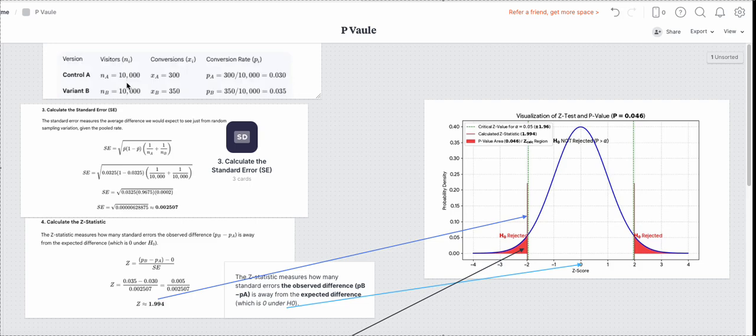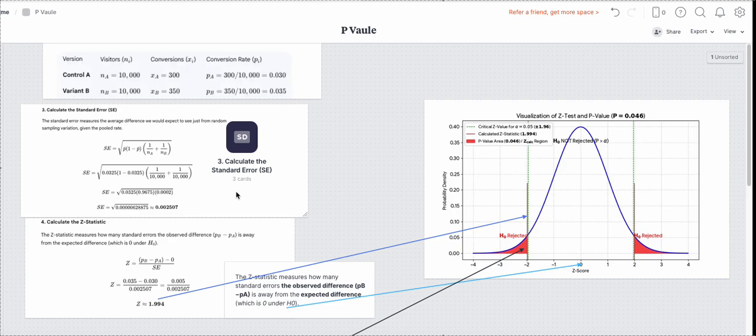Visitors is how many people actually visit from our campaign. And then our conversions, that means people that actually converted. So 350 for this one and 300, we can see with our mind's eye that there's an increase, of course. To do the conversion rate, we just multiply it by the visitors.